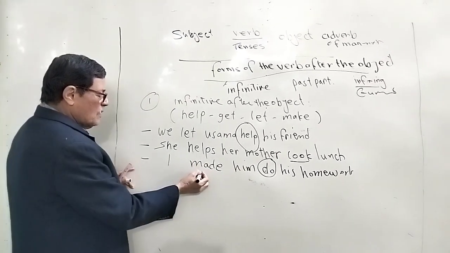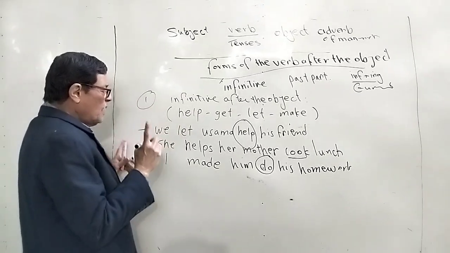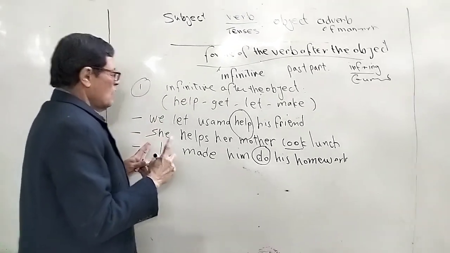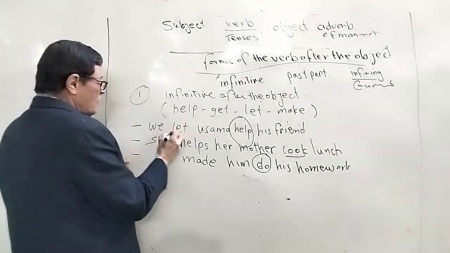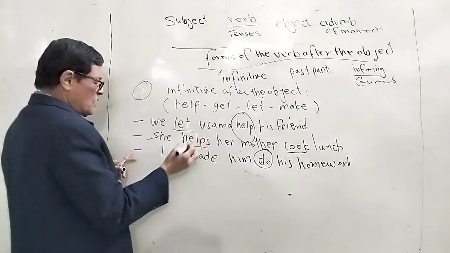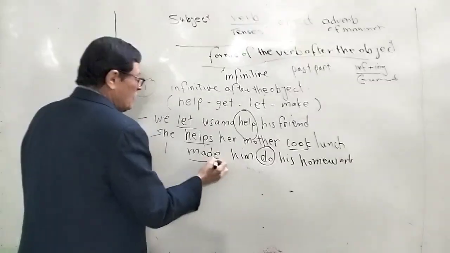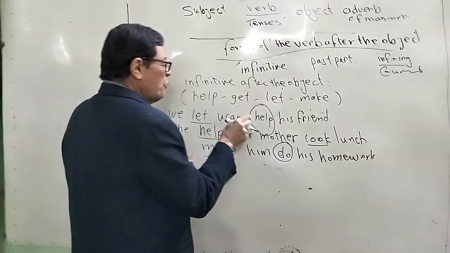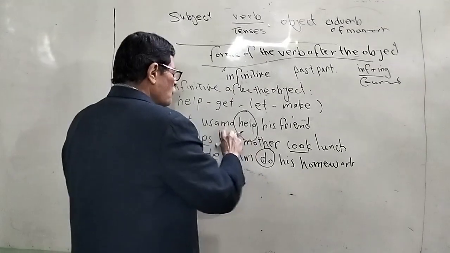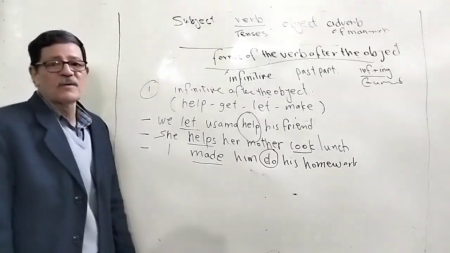Why? Made. So, if the sentence contains let, help, make or made, get or got, put an infinitive after the object.